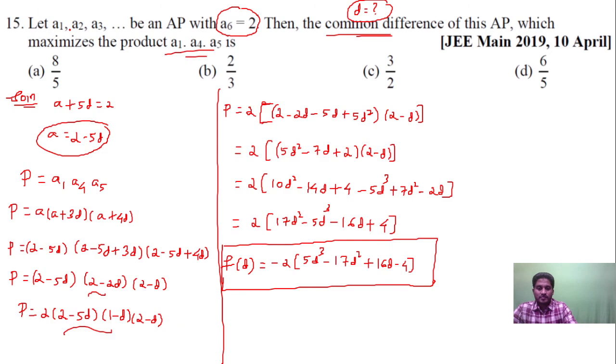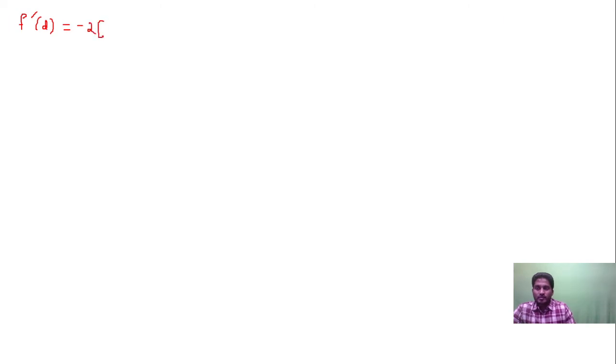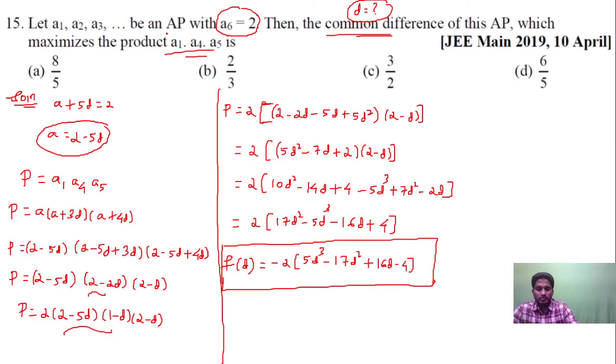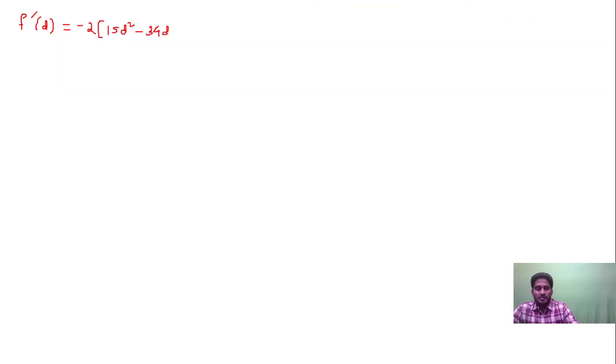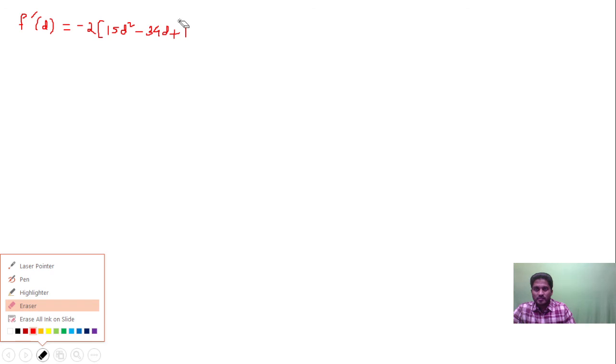f dash of d is equal to minus 2 into 15d square minus 34d plus 16.